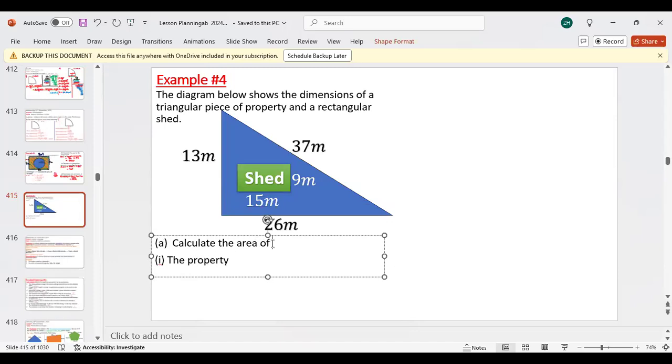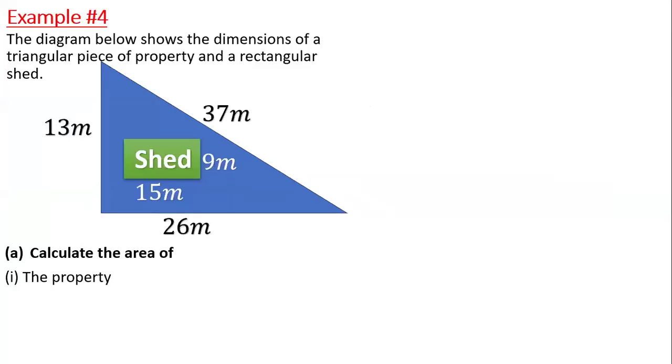I want the area of the property. Can you all tell me how we're gonna get the area of this property? What am I gonna do to get the area of the property?